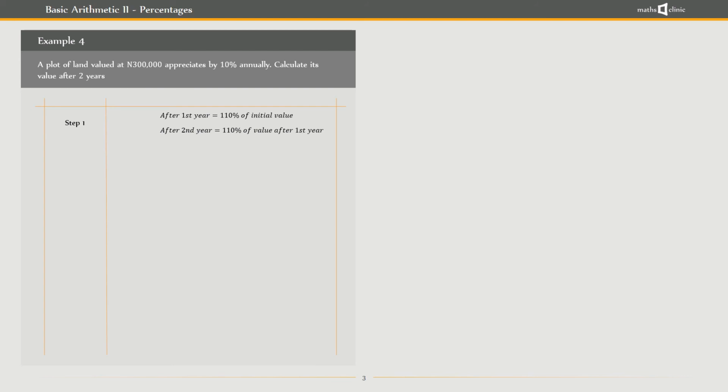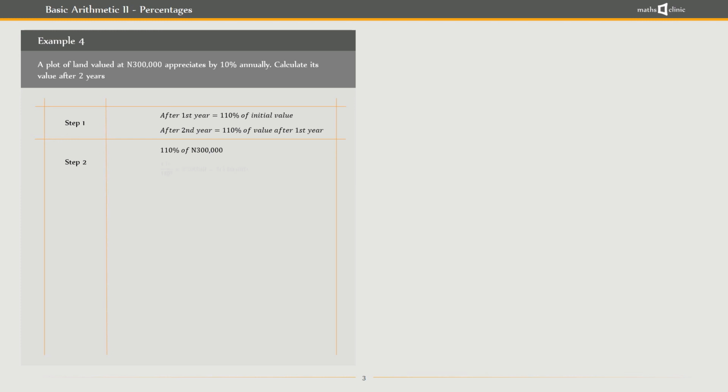They're very different. So if you're ever faced with a question like this, you calculate its value after the first year. Then that value after the first year will increase by 10% again, so you need to calculate twice, and we'll go ahead and do that now.